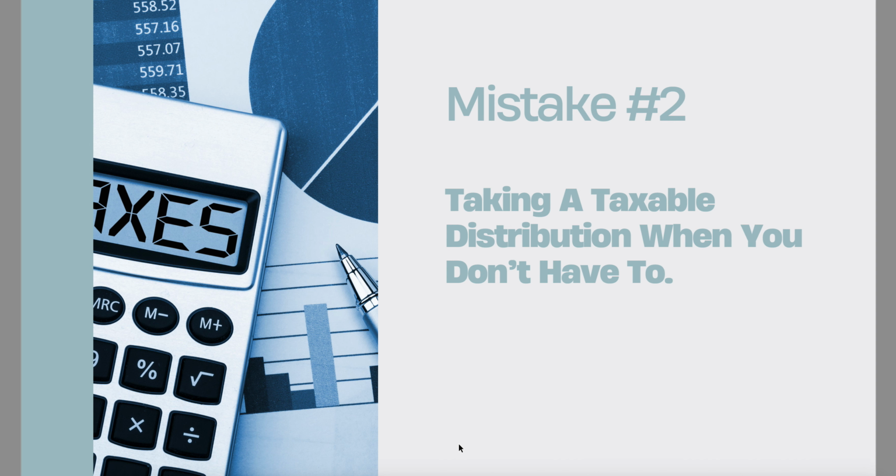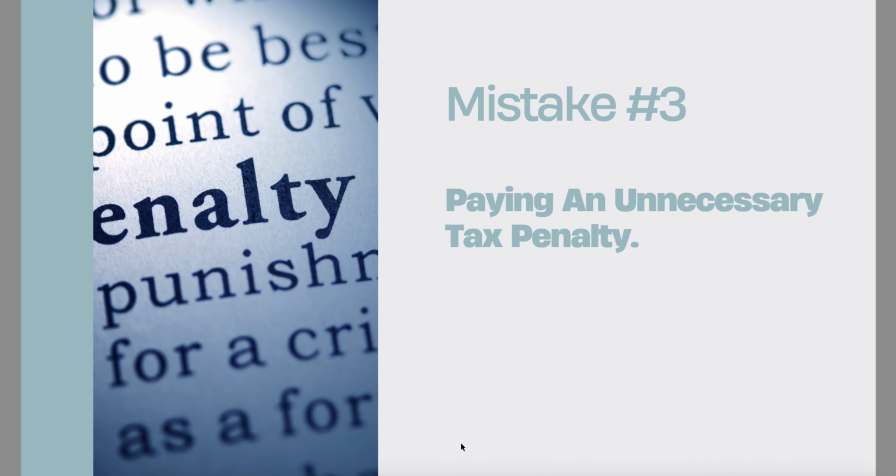So mistake number 3 is paying an unnecessary tax penalty. As I previously mentioned, one of the exceptions of the early withdrawal penalty is to pay out pursuant to a QDRO.